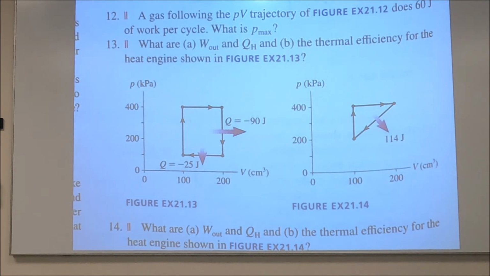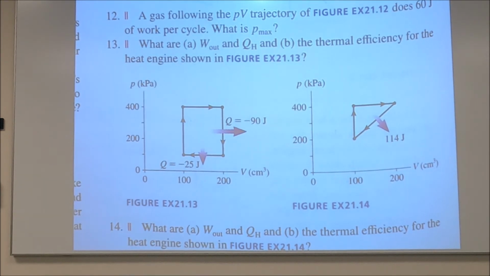The change in volume, the width of that is 200 centimeters cubed, so 200 divided by 1 exp6, so that's 2.00 times 10 to the minus 4 meters cubed. So that times 300 exp3, that gives me 60 joules of energy out.